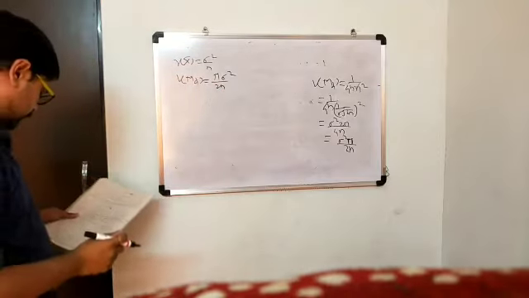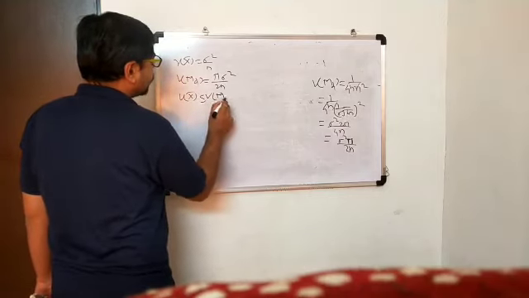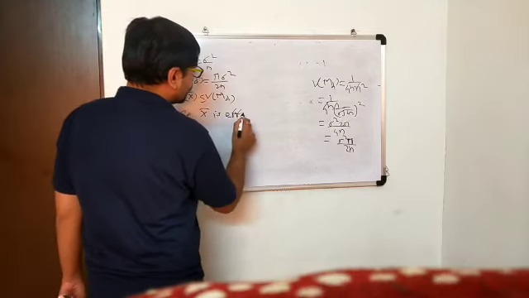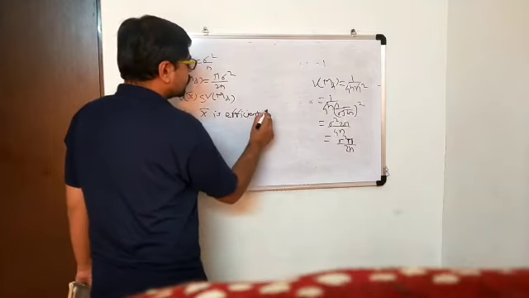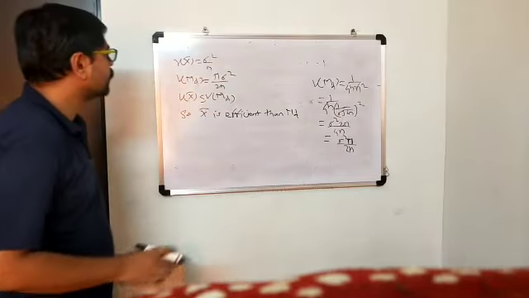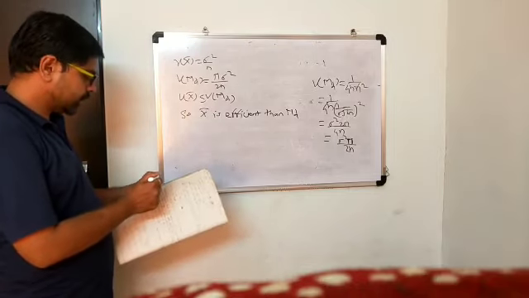So the variance of x bar is less than or equal to the variance of MD. So x bar is more efficient than the median. So this is the last example on efficiency. Thank you.